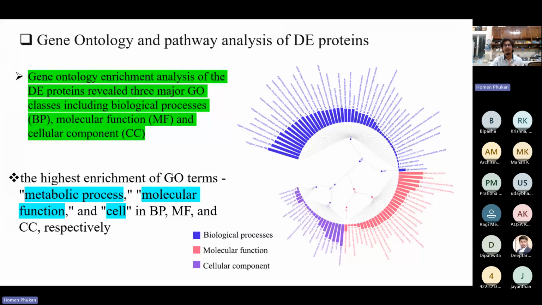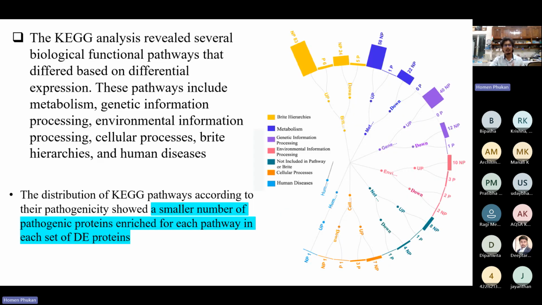We performed gene ontology and pathway analysis for these differentially expressed proteins, mostly metabolic process, molecular functions, and cell. We were able to find many pathways with the help of KEGG analysis.